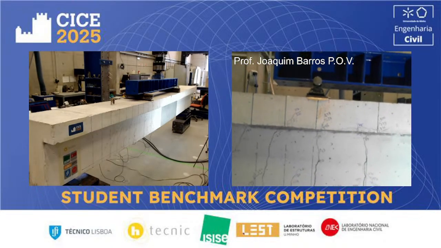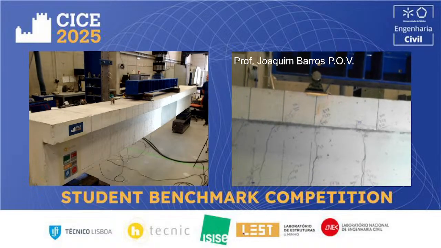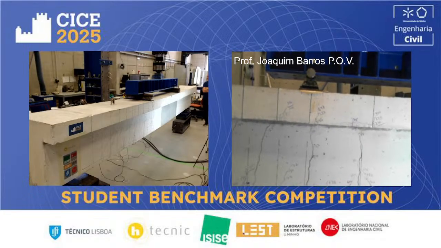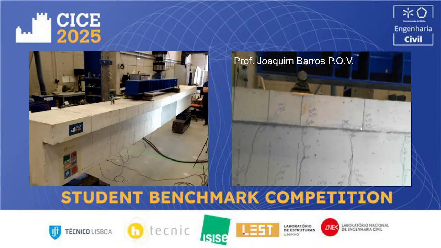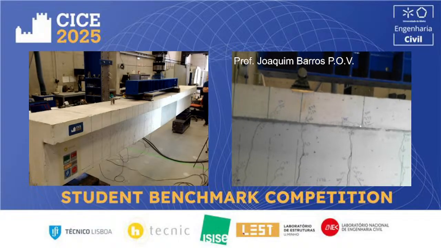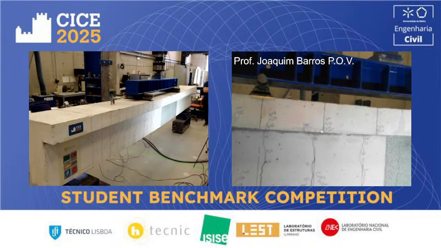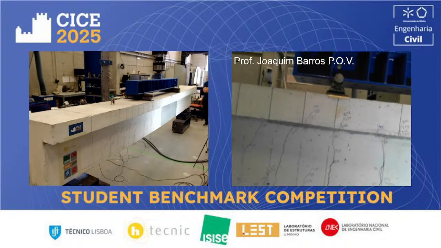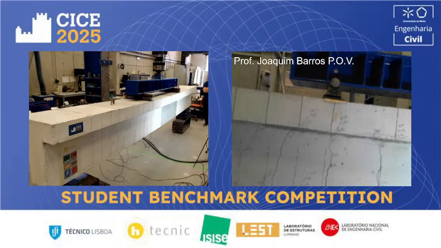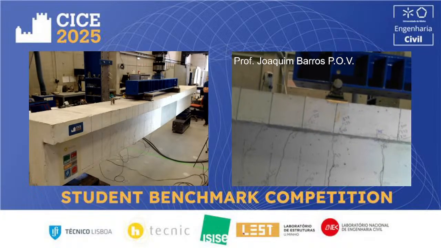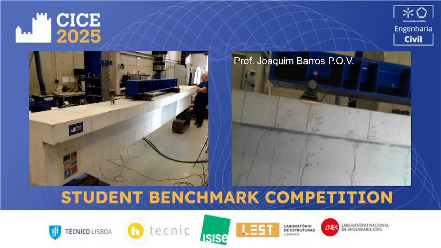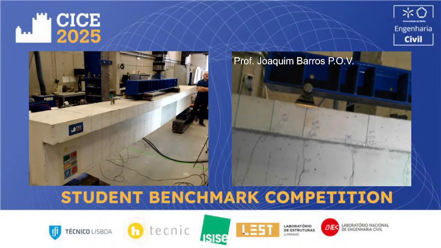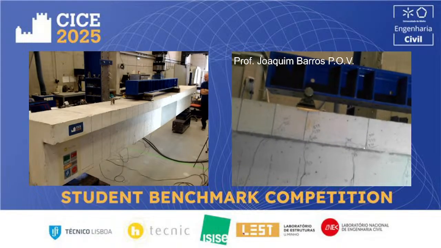I'm localizing now these principal flexural cracks. Because at any moment the laminates that are being crossed by these main cracks will attain their tensile capacity, and obviously they fail.